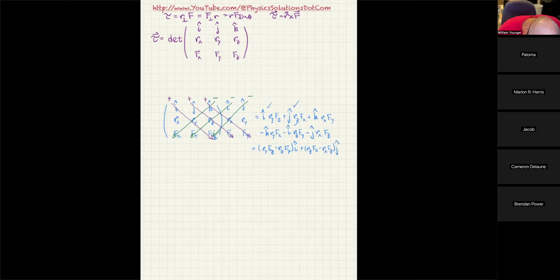That takes care of that one and that one. And now all I have left is the K hat. So I'm going to say plus. Now the positive K hat is R_X F_Y minus R_Y F_X, and that's times K hat. And that's actually the right answer.